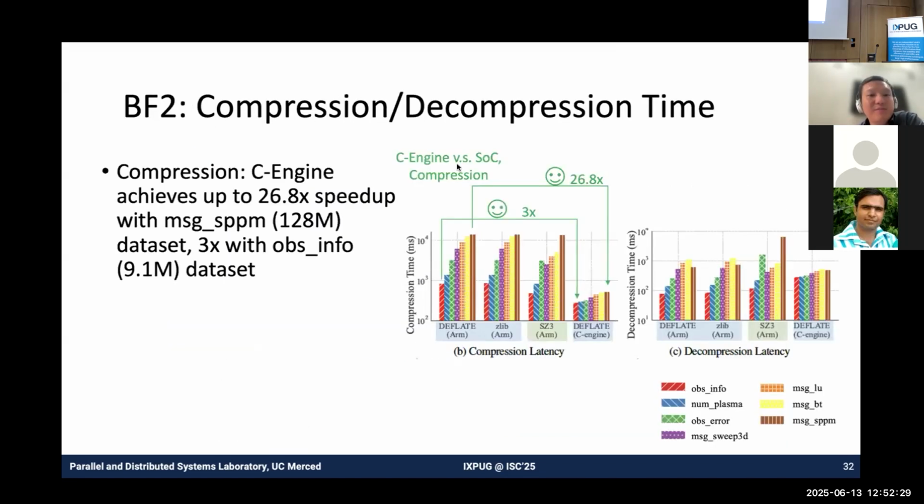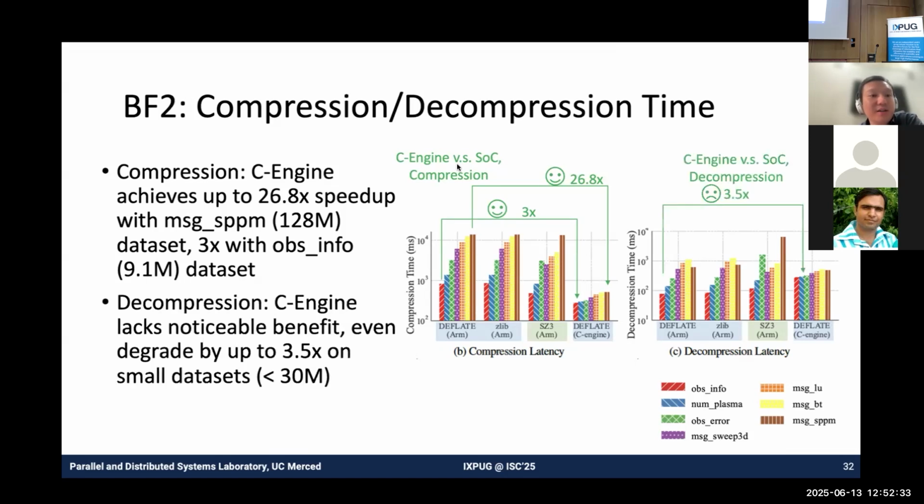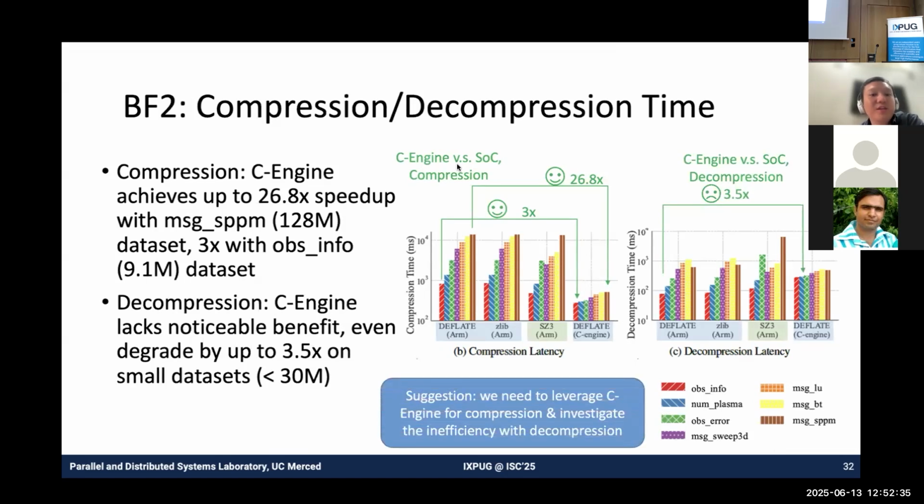If you look at the breakdown of compression time as well as decompression time, what we want to bring to you is that if you use the compression engine, the compression time can be significantly reduced. However, the decompression time actually has some inefficiencies. We don't see any significant benefit even if you use the compression engine for decompression.